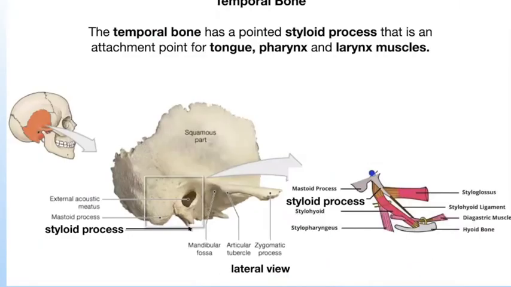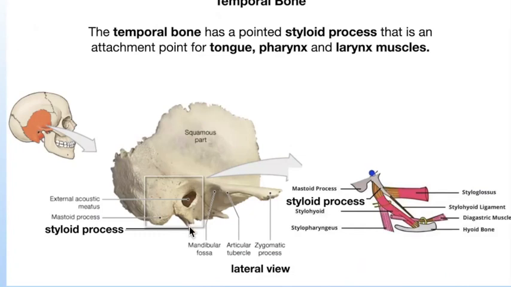The temporal bone has a pointed styloid process. It's really quite pointy. That is the attachment point for many tongue, pharynx, and larynx muscles. And here's our pointy styloid process, just anterior to the mastoid process.